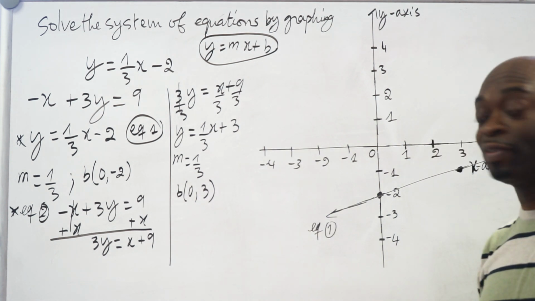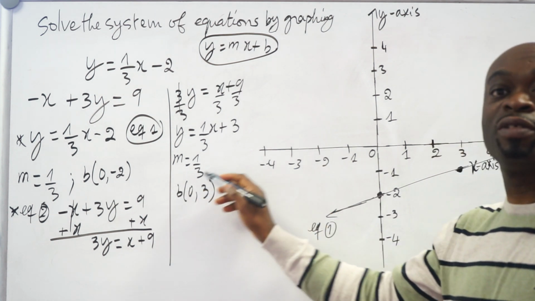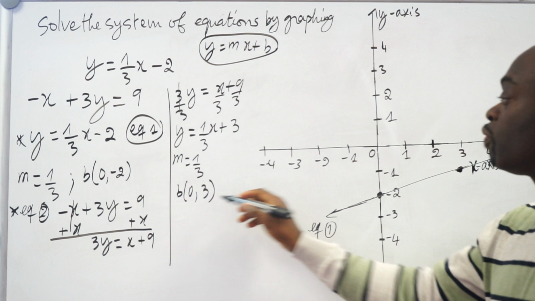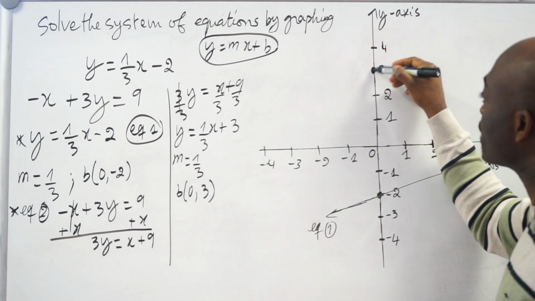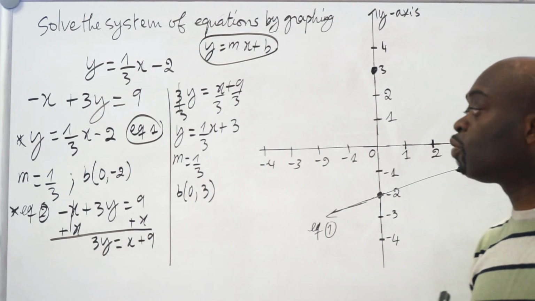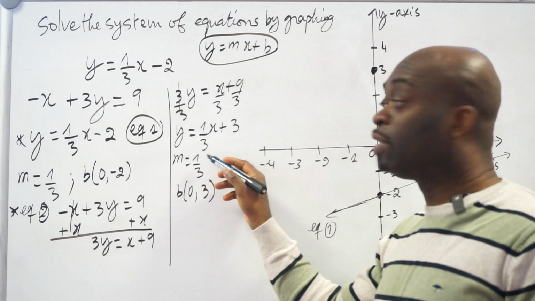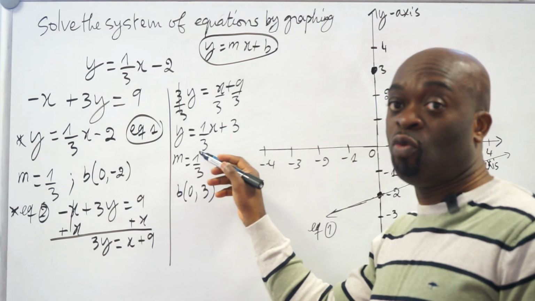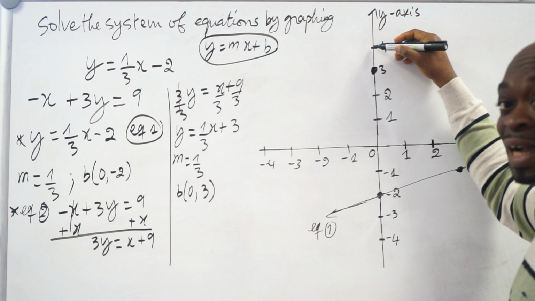Now we got to graph equation 2. And to graph that, always y-intercept is the first one. So which is 0, 3. So we got to go 0, 1, 2, 3. So that's our first point. And to get to our second point, what do we need to do? To get to our second point, we got to use the 1 over 3, the slope, and the top we have 1, which is a y value. So that means you got to go up 1 time.